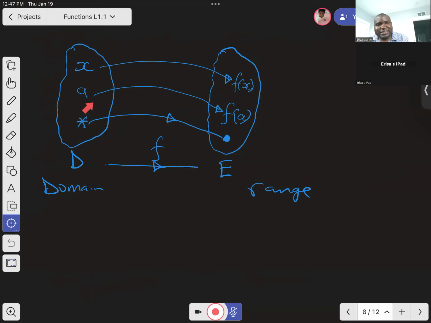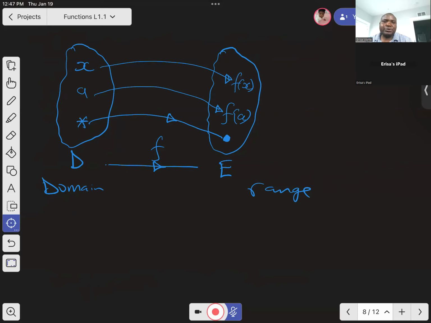So the function changes the value of the elements in set D to set E, and the values will be f of x because we get these values in set E by computing using a rule. It can be a formula, like you can see the area is given by pi r squared.